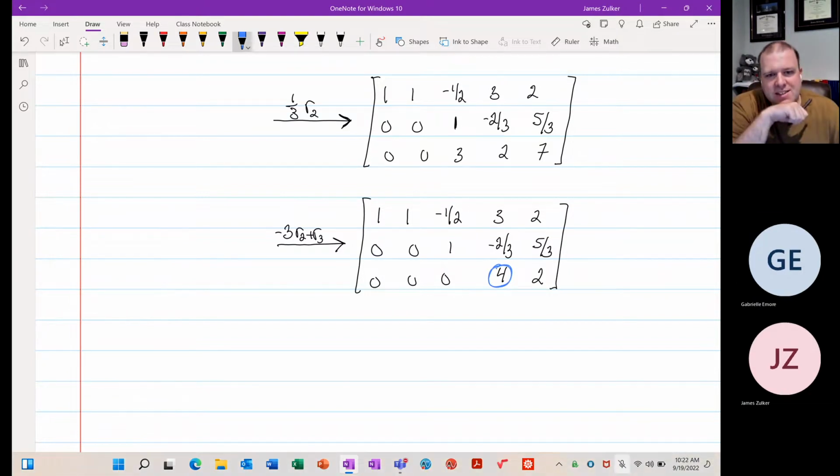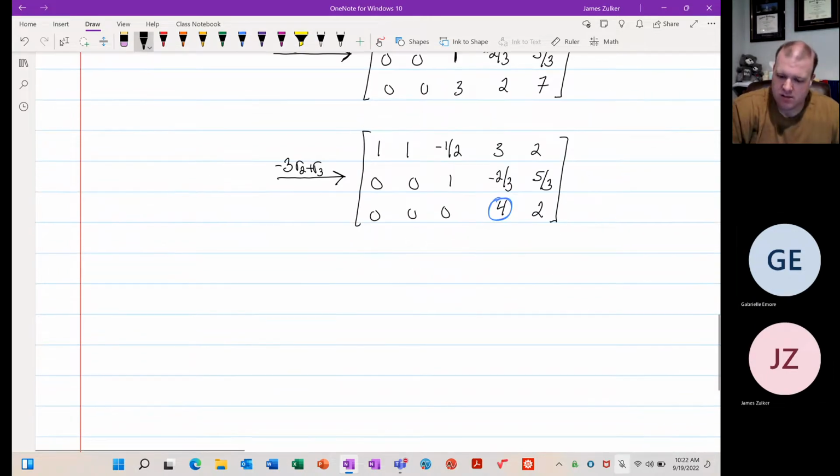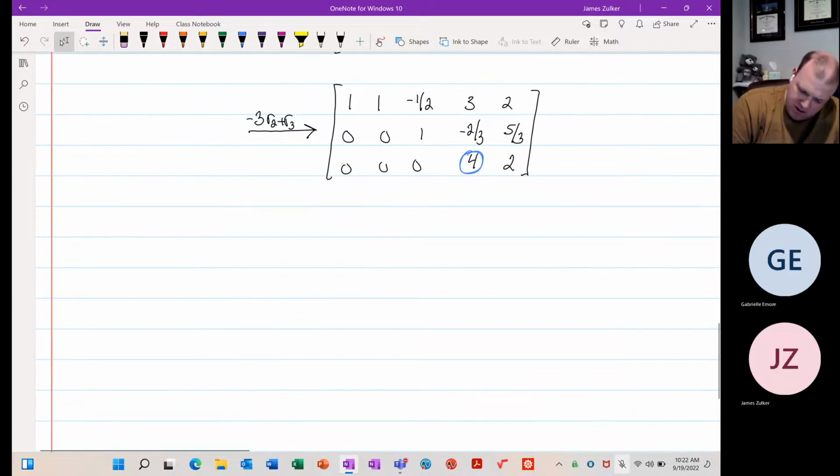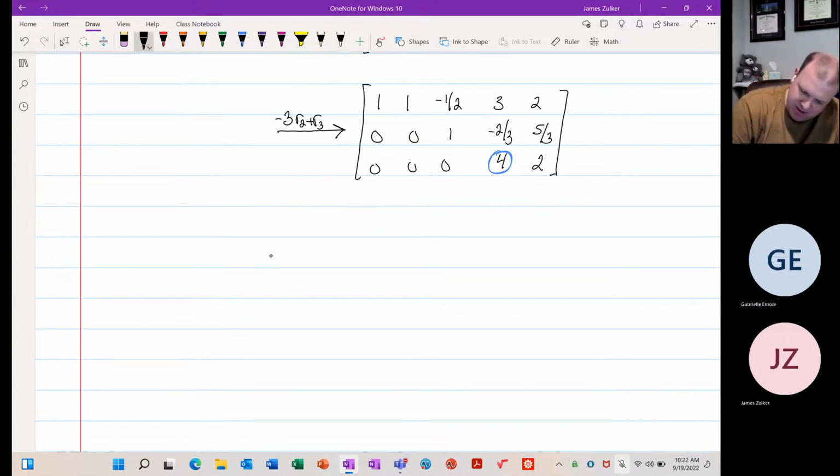That 4 is our new pivot. I want to make it 1, so multiply row 3 by a quarter.